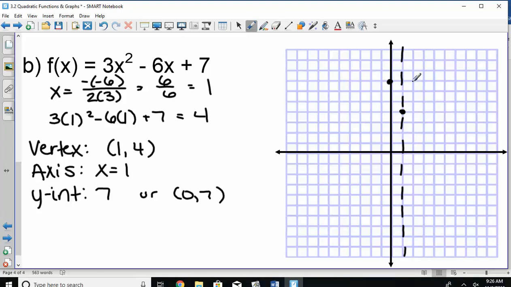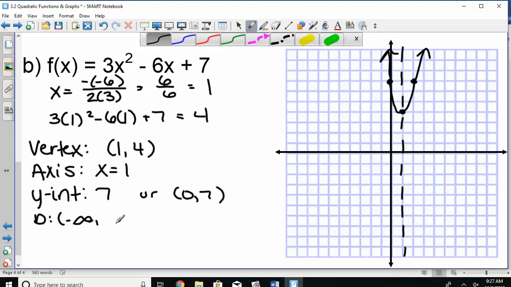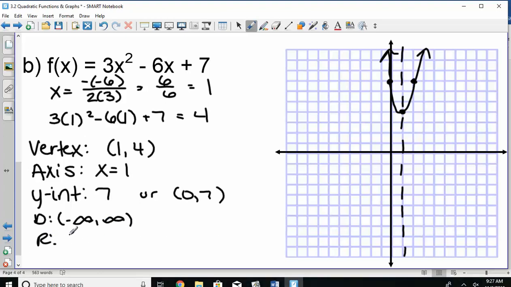Reflect that across the axis of symmetry. We get our third point. Domain. Negative infinity to positive infinity, right? It'll always be the same. It keeps going in both directions. So the range is bracket.